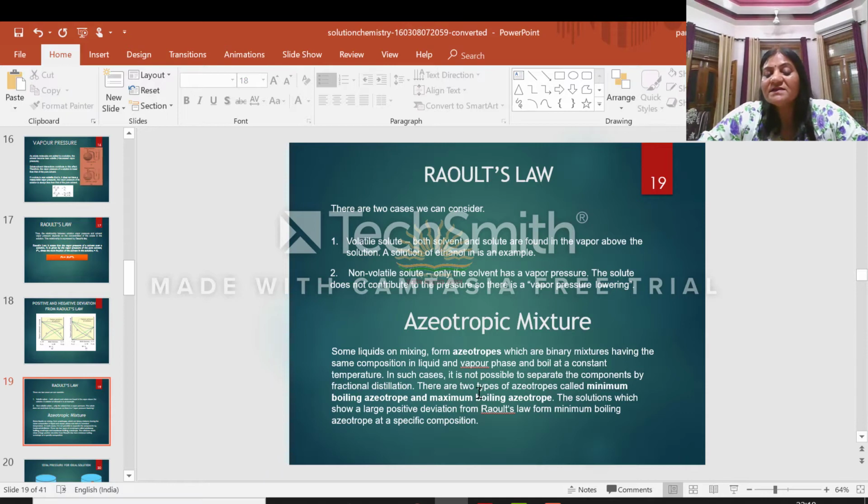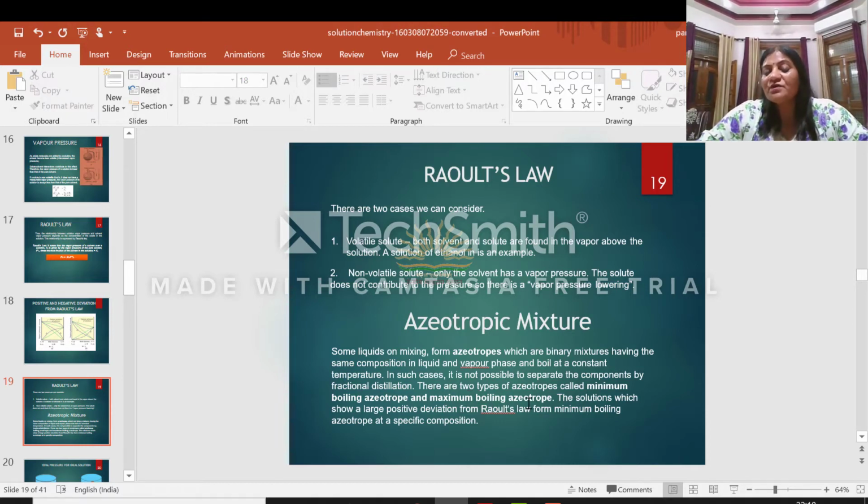In such cases, it is not possible to separate the components by fractional distillation, because these components mix together to form the azeotrope and boil at a constant temperature, so we cannot separate them by fractional distillation.